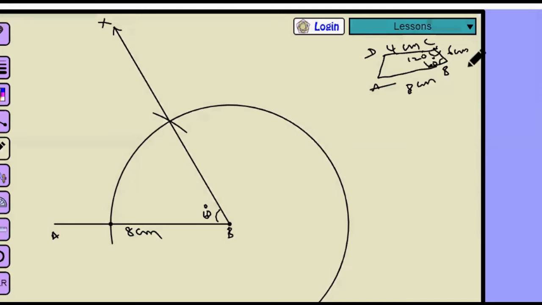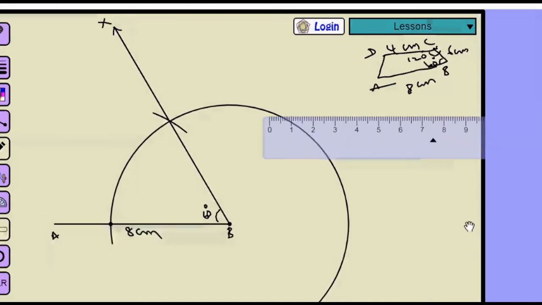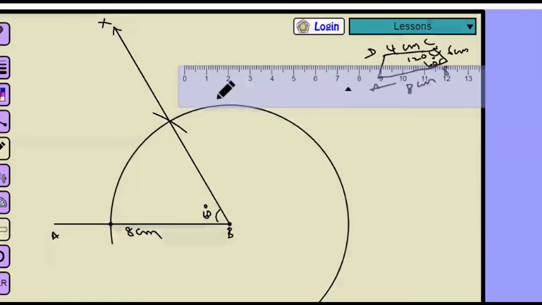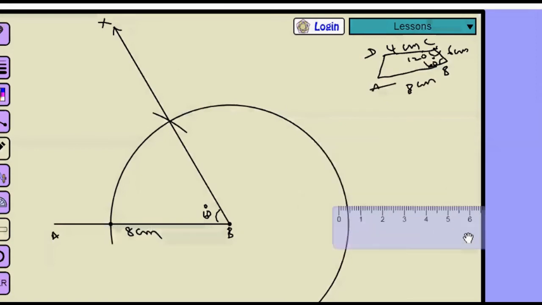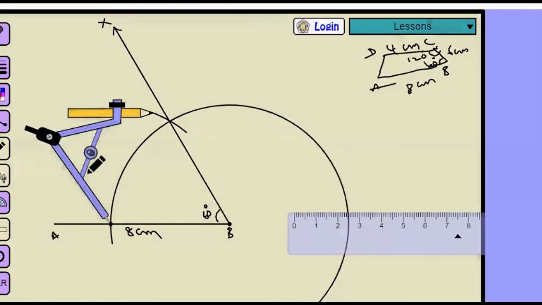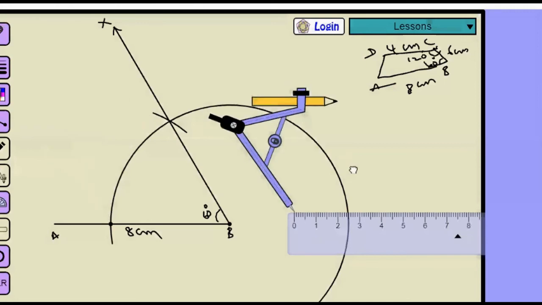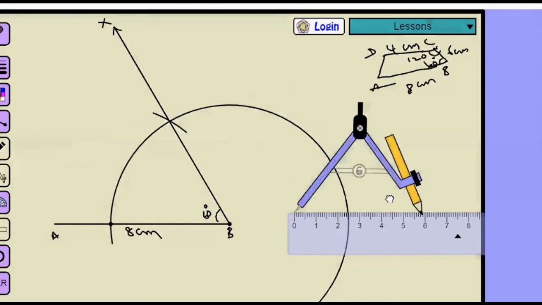Now we are going to locate the point C on this ray BX. For that you should take the compass radius as 6 centimeters with the help of the ruler. Why are we taking 6 centimeters?